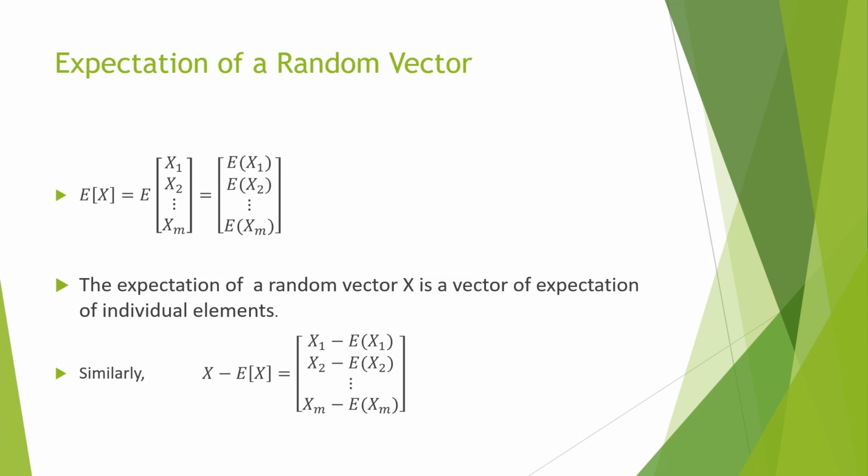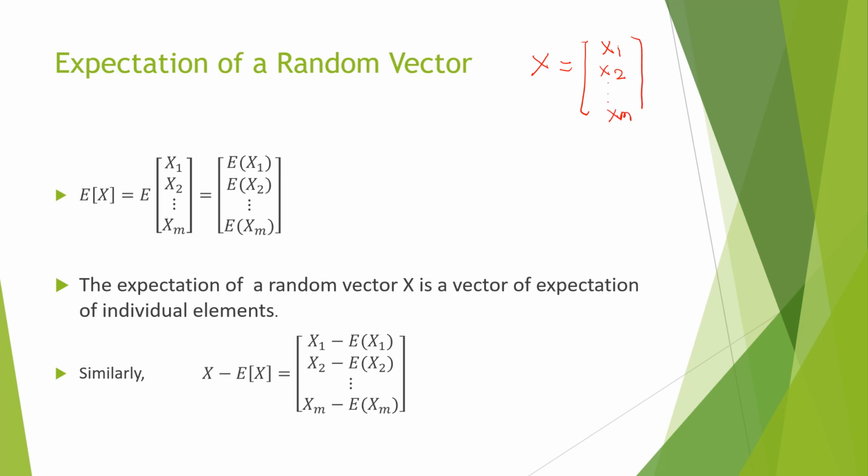Now, expectation of a random vector. We already know how to calculate expectation of single random variables and joint random variables. We've seen them in previous videos. Let us write the random vector here. X is equal to a column vector whose elements are random variables, x1, x2 up to xm.